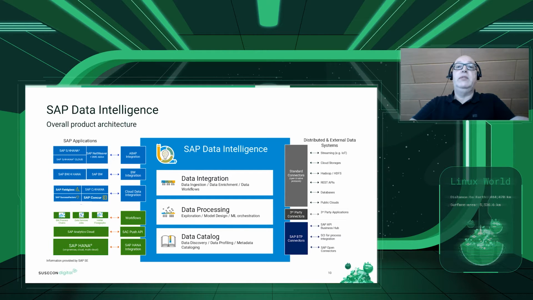You can use it for data processing, for exploring the data, for designing data models, and you can also use machine learning for exploring and modeling your data. You also can catalog your metadata and find more things that connect your data together.